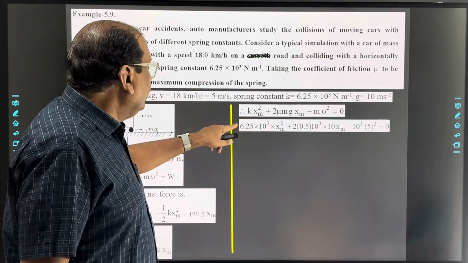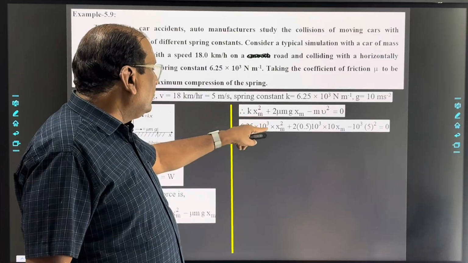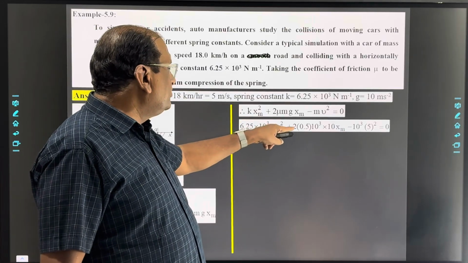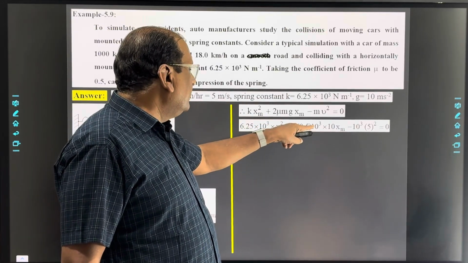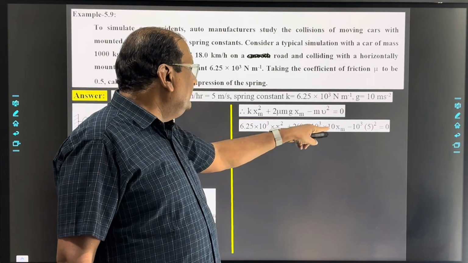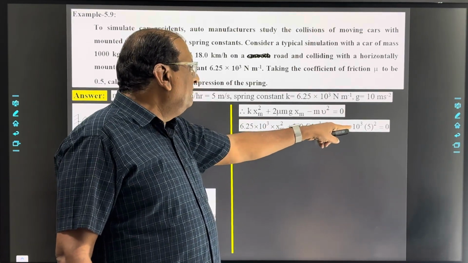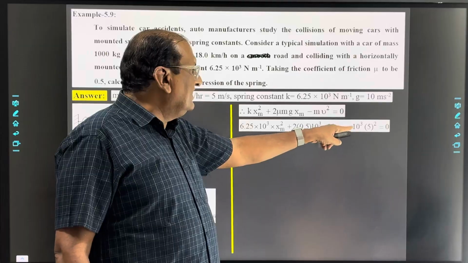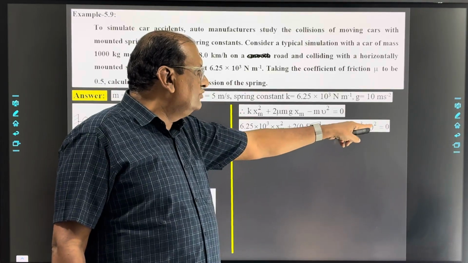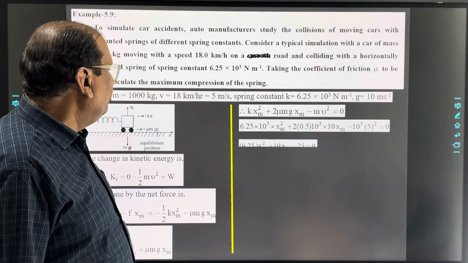Substitute the values. 6.25 into 10 raised to 3 into xm square plus 2 into 0.5 into 10 raised to 3 into g, that is 10, into xm minus mass 1000, that is 10 raised to 3, v, that is 5 square, equal to 0.